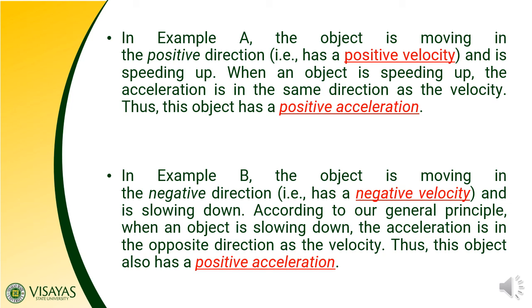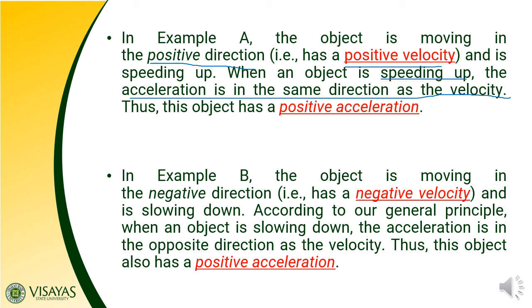In example A, you need to remember that the object moving in a positive direction has a positive velocity, and for an object that is speeding up, ito ang dapat nating tandaan, the acceleration is in the same direction as the velocity.